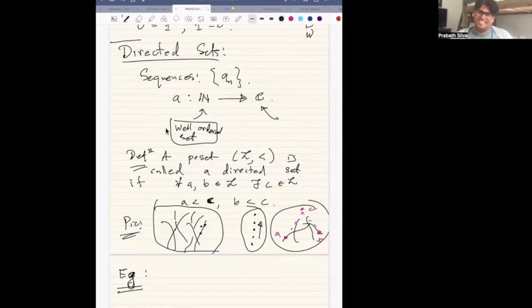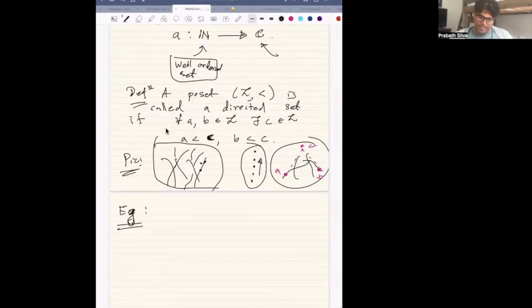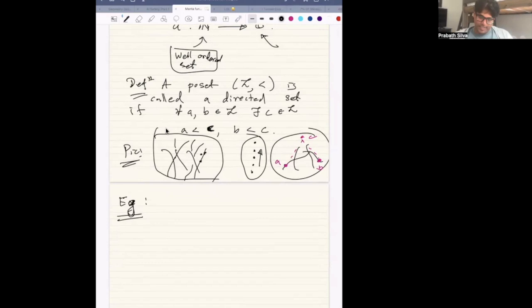Let me give you the example, and you'll see. And I'll write down a bunch of problems too. Okay, so here is the example. Let A be an interval.